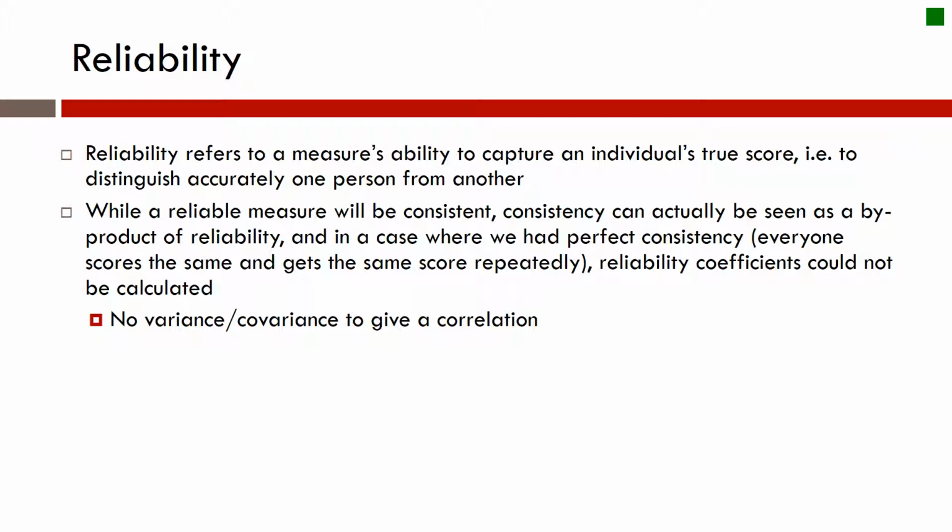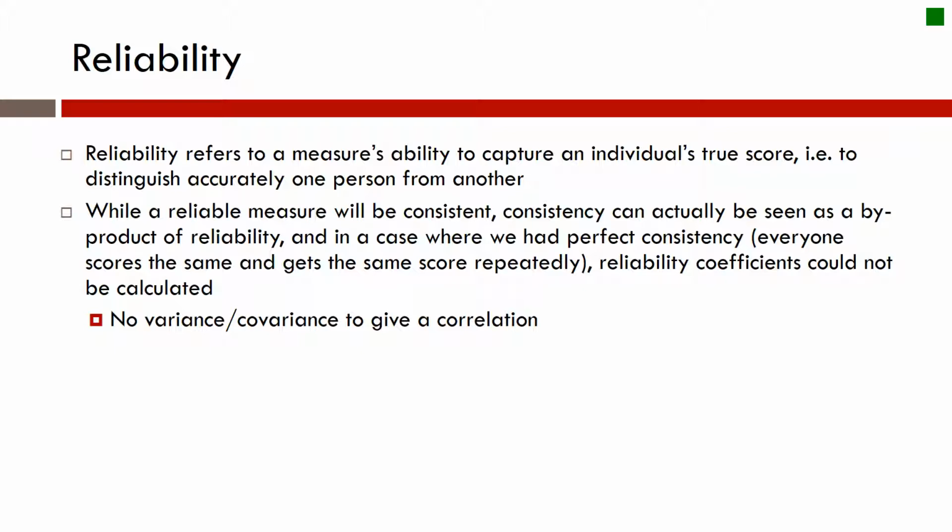That's reliability. If I use a survey today here in the United States, and then I use the same survey in China, will the survey work the same way and measure the same things between the two cultures? If it does, then it's reliable. That shows reliability.